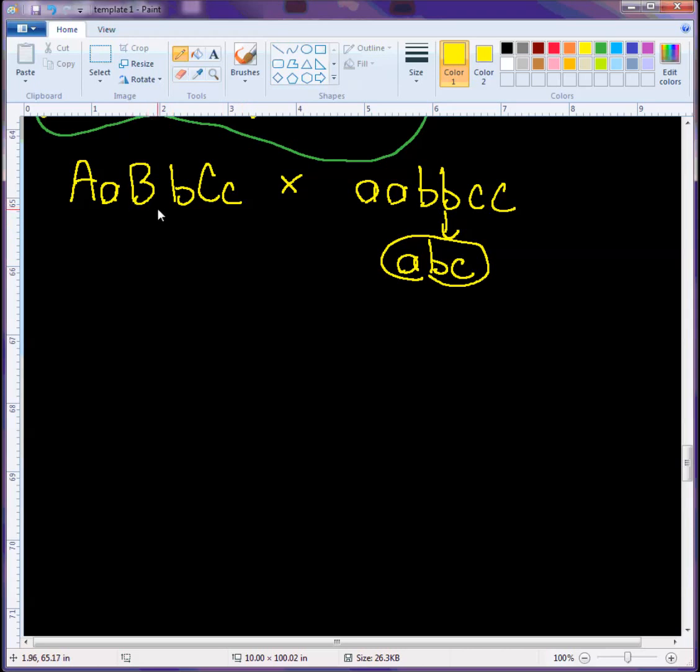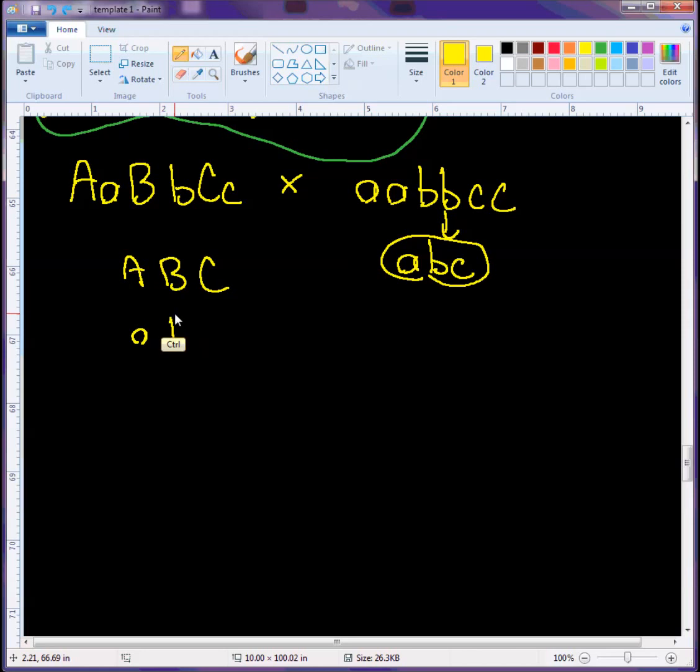And here, if all these are tightly linked, well, I guess we're going to have to assume we're going to put all big A, big B, and big C together, little a, little b, and little c together. So these are so tightly linked here.